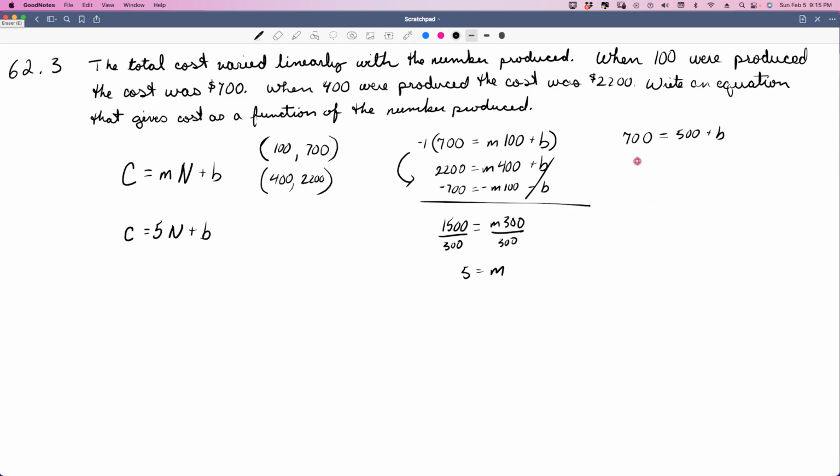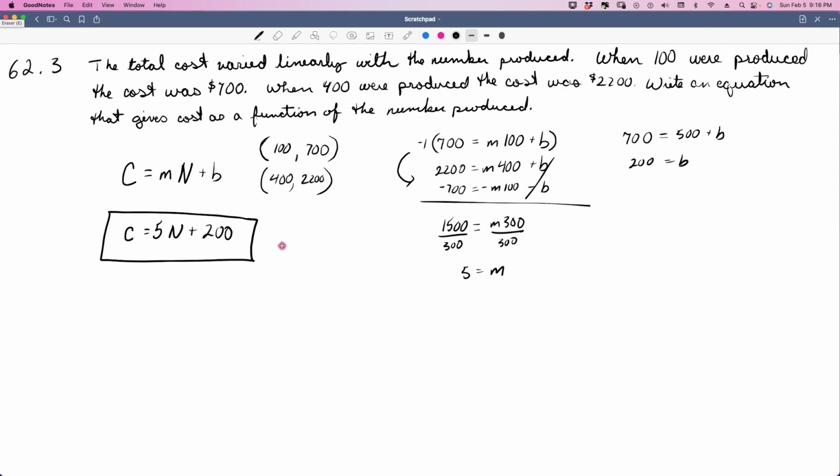Subtract 500 from both sides. 200 is my b value. So now I can change the b to a positive 200. So this is the equation that gives cost as a function of the number produced. And that's what we needed to do.